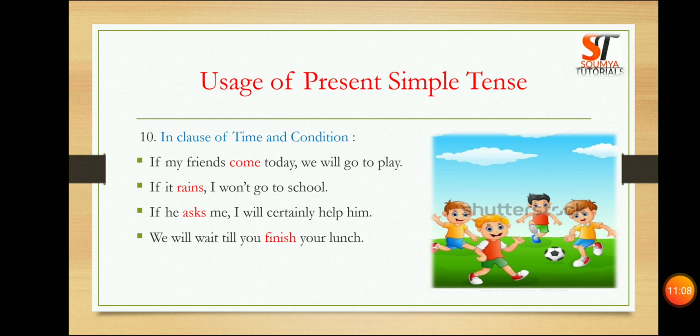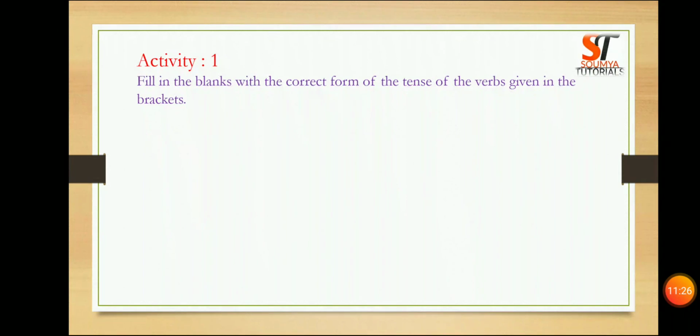Okay, so friends, I hope you have already understood in what situation, in what circumstances we use present simple tenses. Please do remember all these things. Let us have an activity to know how far you have comprehended the lessons. Activity 1.